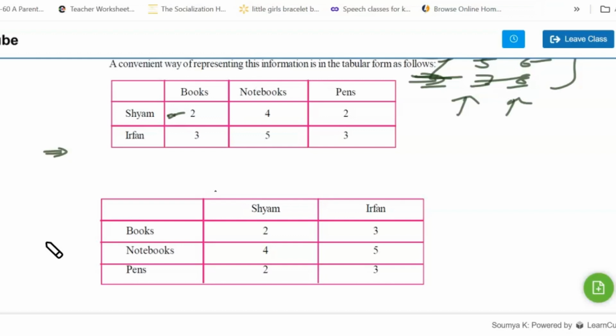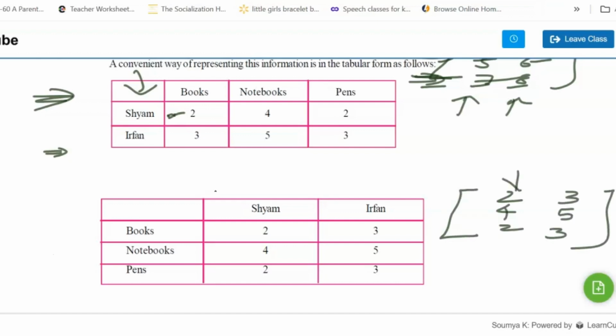Consider the same information, where the rows are converted to columns and the columns to rows, and we rewrite it. Once you make this information in matrix form, it looks like 2 4 2 3 5 3. It means this is for Shyam, this is for Irfan, and these are notebooks, books, and pens, in the respective order.